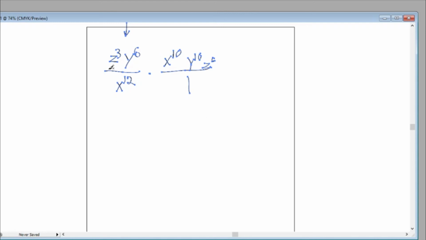Okay, so on top, z doesn't have... Oh, wait, no, yeah, it does. Z to the third and z to the sixth match. So when we do this up here, z to the third and z to the sixth, we add those two things. 6, 7, 8, 9 is going to be z to the ninth. Then we have y to the 6th and y to the 10th. That's going to give us y to the 16th. And then we have x that doesn't really match up with anything on top.